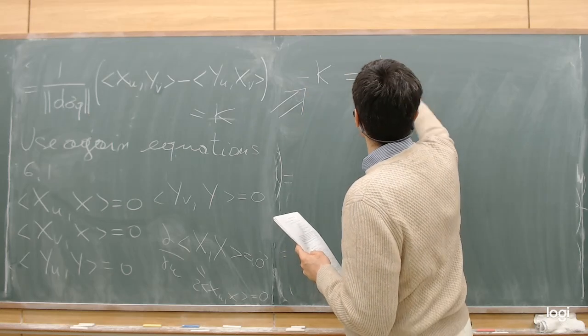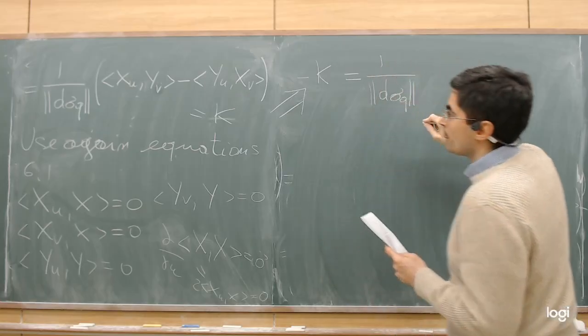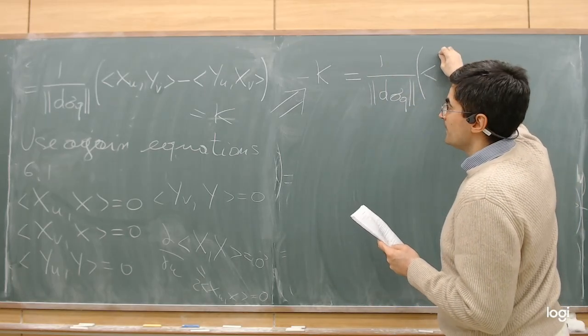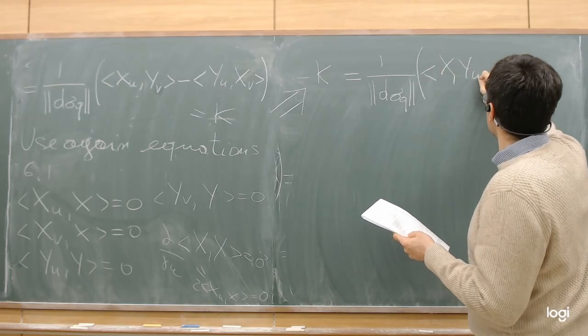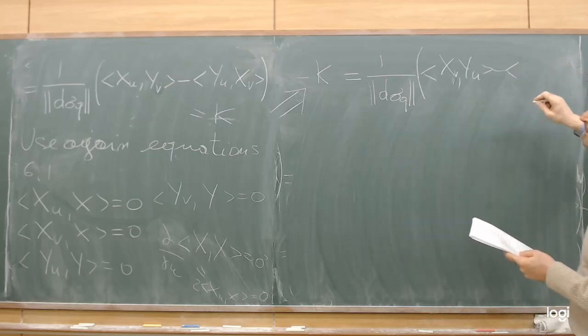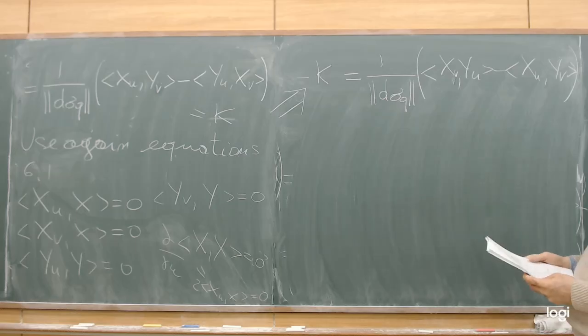This is 1 over area distortion of sigma times x_v y_u minus x_u y_v. So this is the end of the proof.